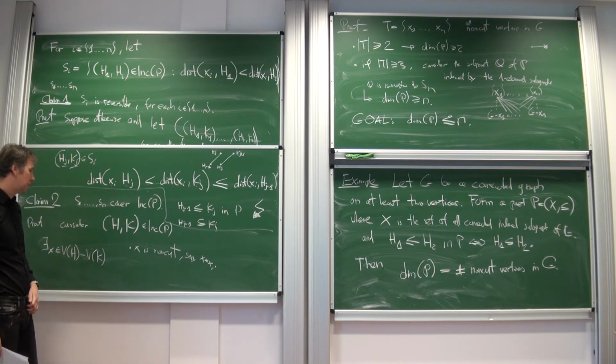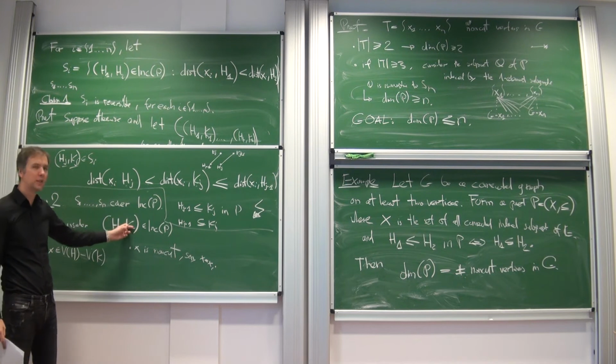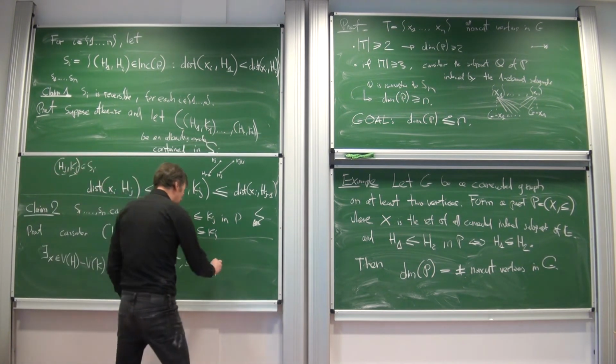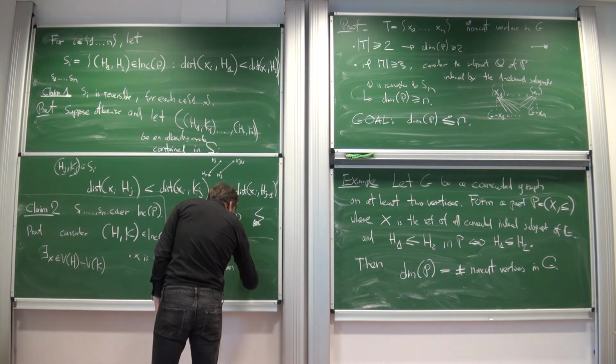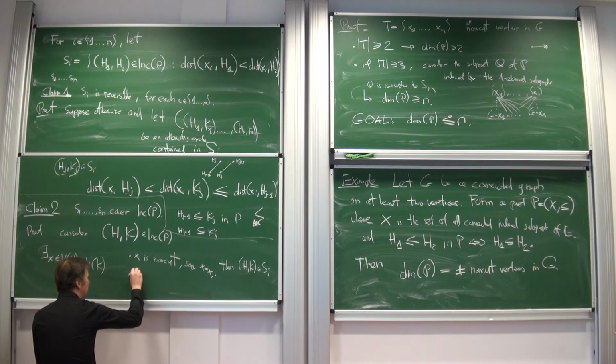And this is pretty obvious because the distance of xi to h is 0, and xi is not in K, so it's non-zero. So indeed, hk is in Si.